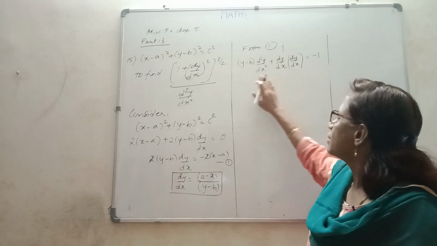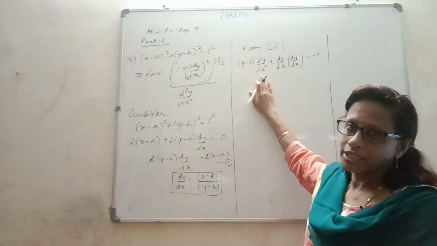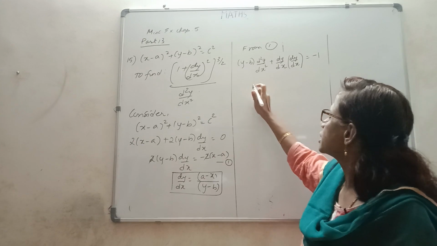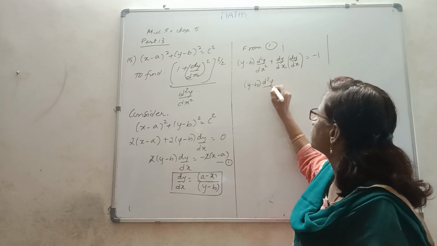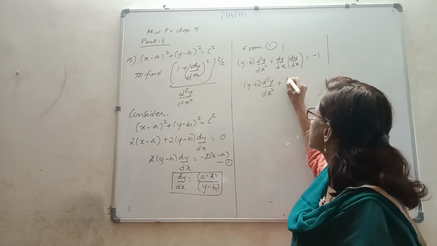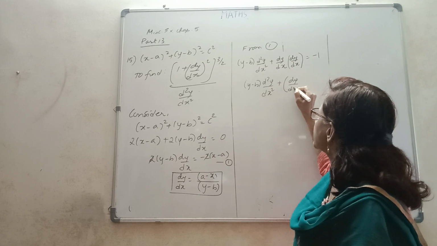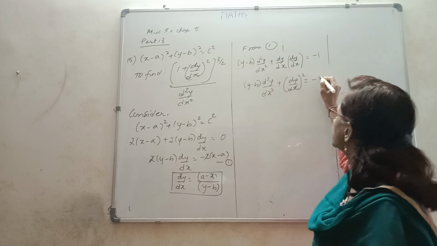Our idea is to know d squared y by dx squared. So now we have y minus b times d squared y by dx squared plus dy by dx the whole squared equal to minus 1.